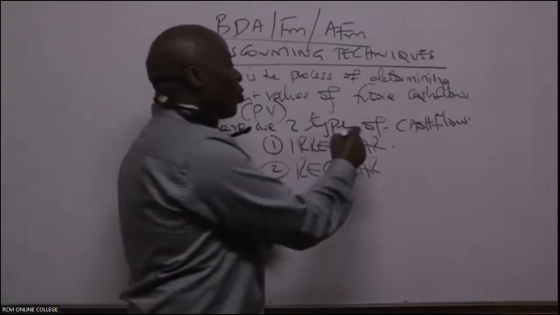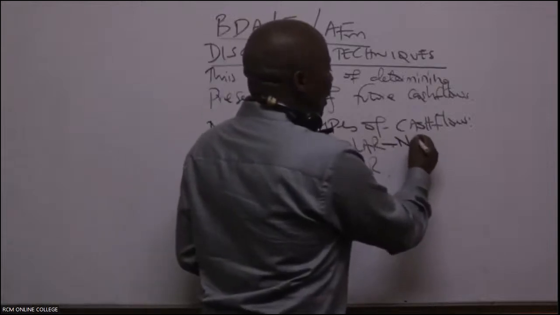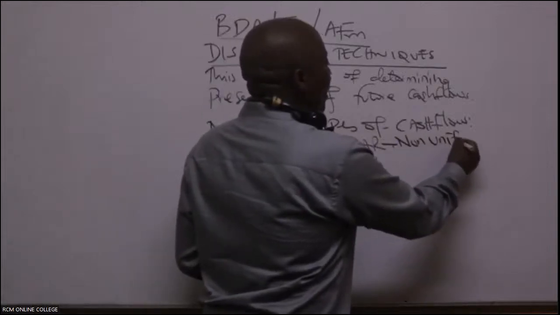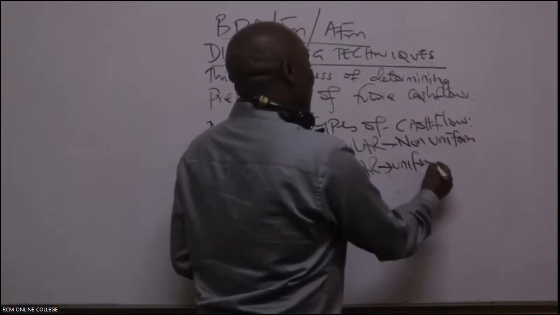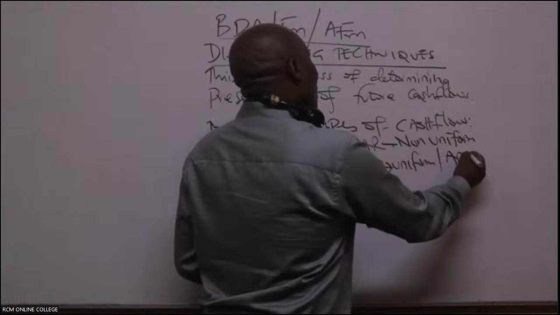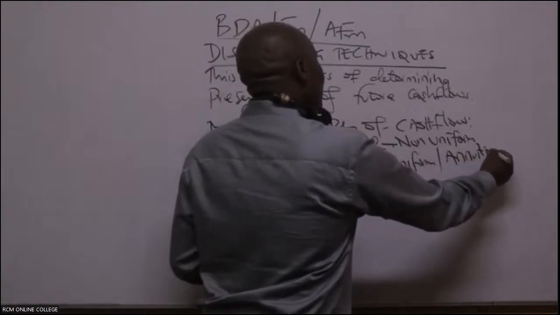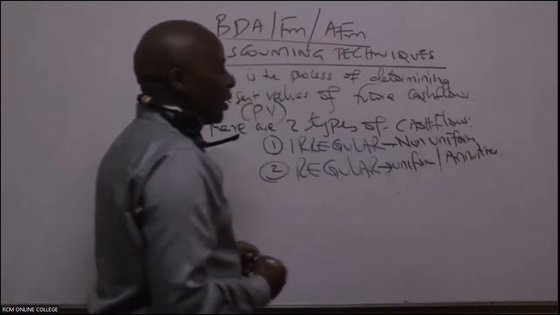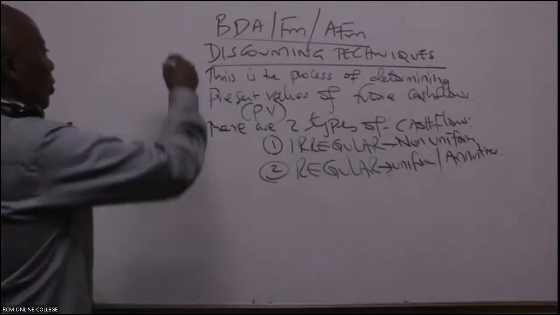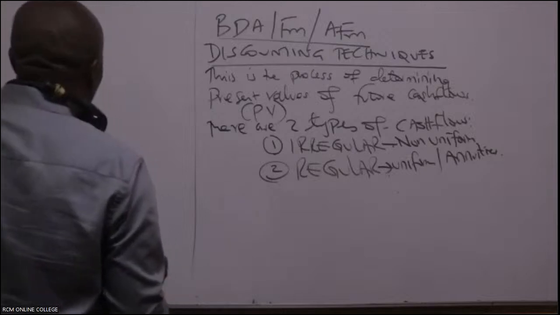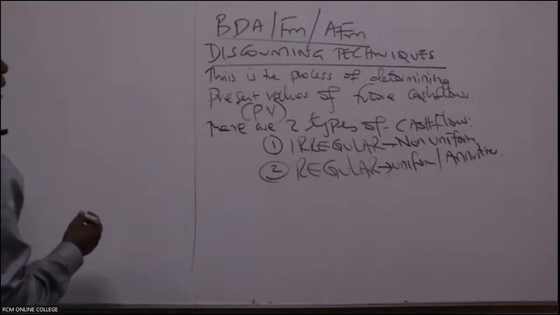Irregular are also known as non-uniform cash flows. Regular ones are known as uniform cash flows, what we shall be calling annuities. Ladies and gentlemen, please listen to me very carefully.